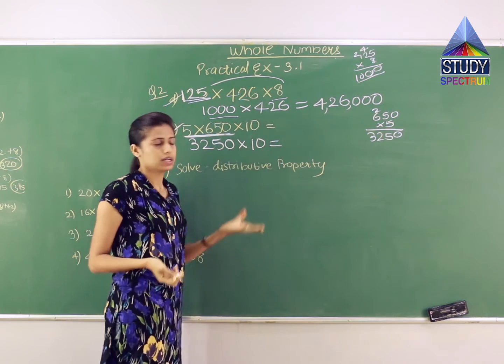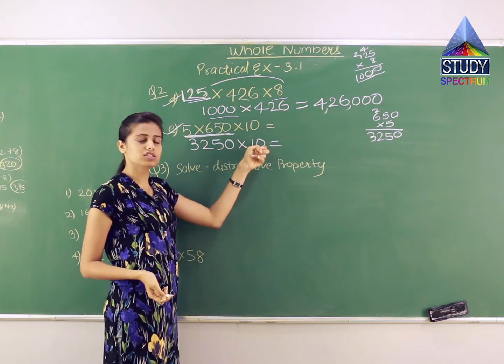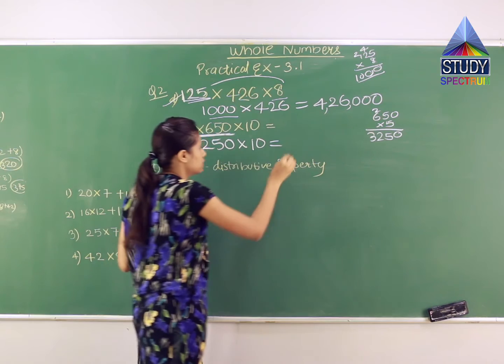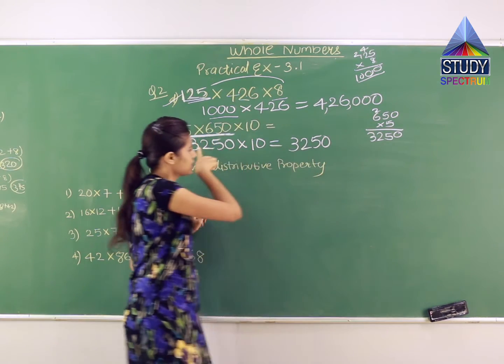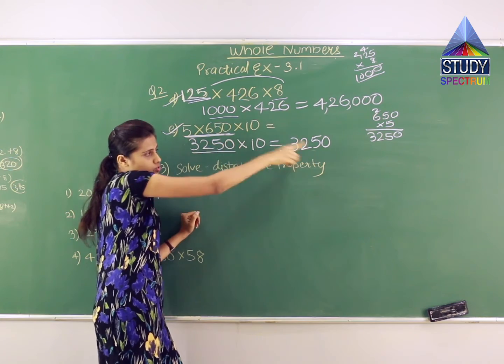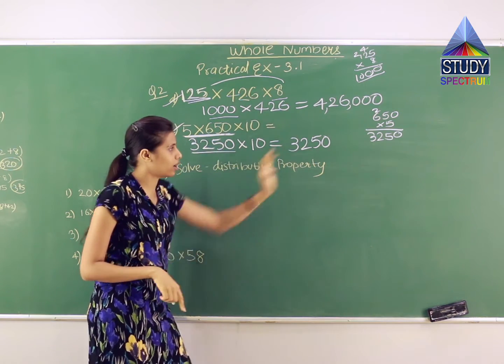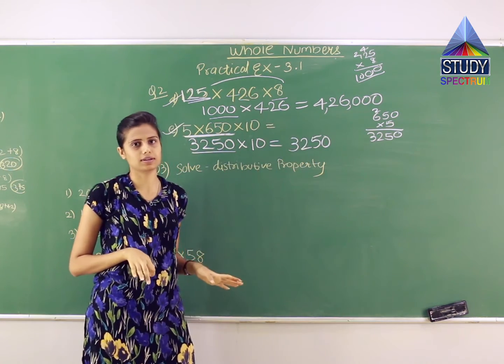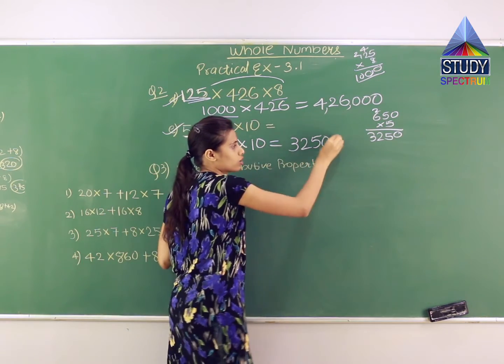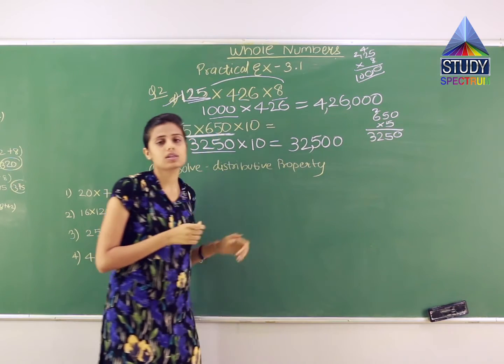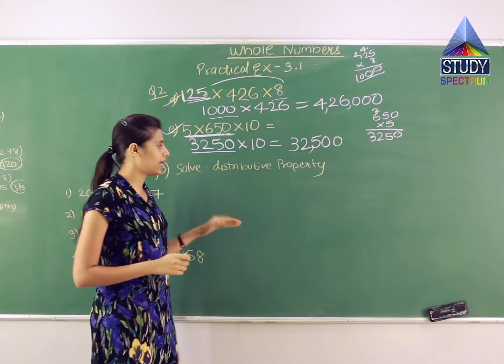Will give me what? This number and an additional 0 of 10. So I'll write 3, 2, 5, 0 and see this I have written. This 0 is with this number only. So I cannot say that I have multiplied and that's it. Where will this 0 come? It will be next to the 0, right? So it will be 32,500. Now the next question.